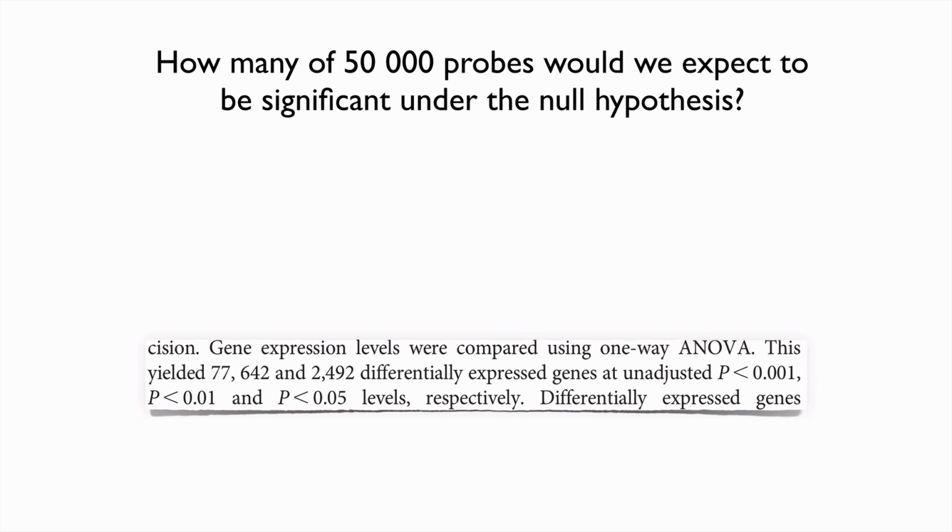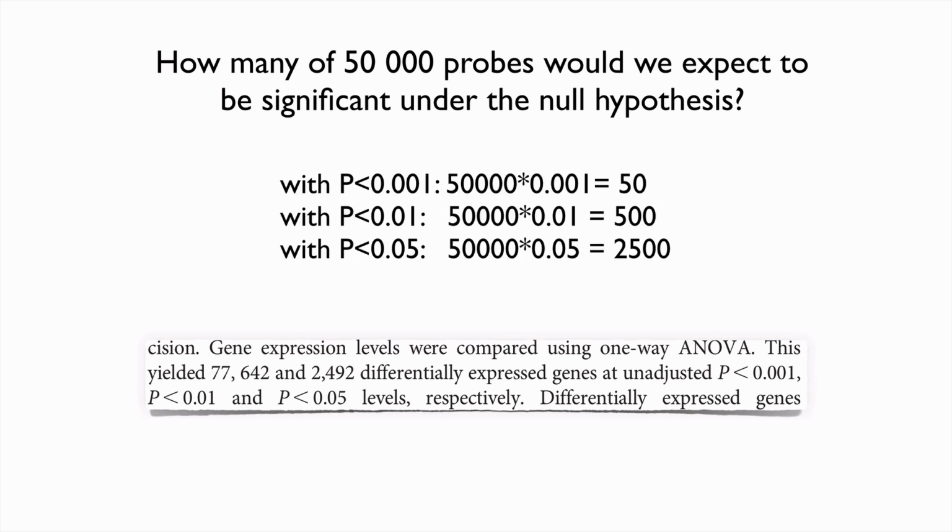Just by definition, a p-value threshold of 5% would mean that we would just multiply the 50,000 probes with 5%, and that's the number of null hypotheses we will assume would, just from definition, be reported. So this will give us 50, 500, and 2,500 different expressed null hypotheses. So actually, the reported number of genes are pretty much in line here with the number of differentially expressed probes you expected by chance.